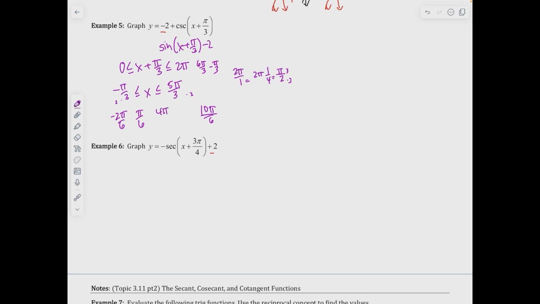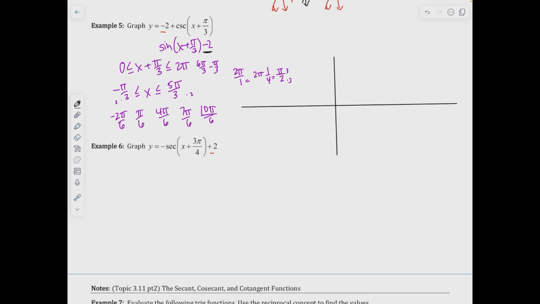Add another 3, we got 4 pi over 6. Add another 3, we got 7 pi over 6. Okay, I need to account for the down 2 units as well. So what I'm going to do first is I'm going to graph sine, and I'm going to account for the down 2 afterwards.